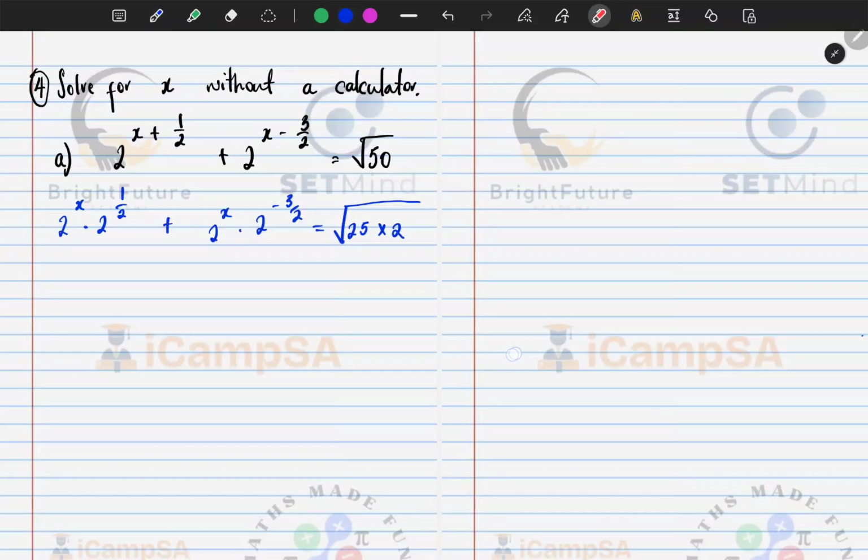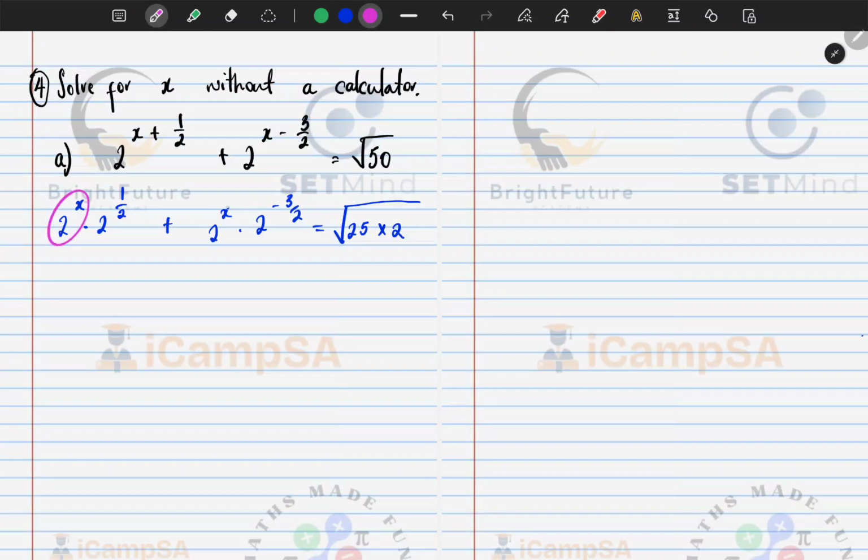Now I want you to notice that you have 2 to the power of x and 2 to the power of x as common factors, right? So you are going to have to take that out, separate the 2 to the power of x as common factor.